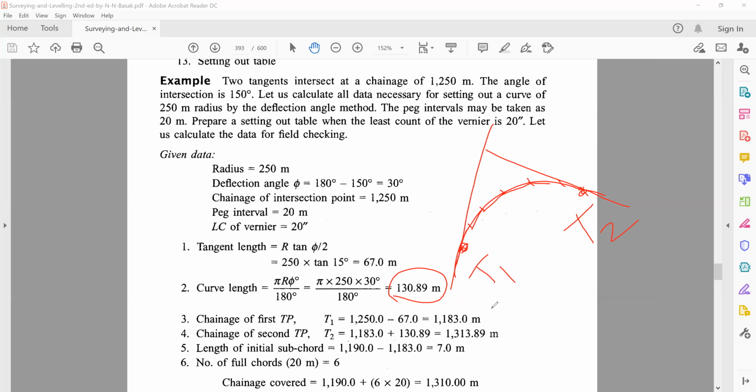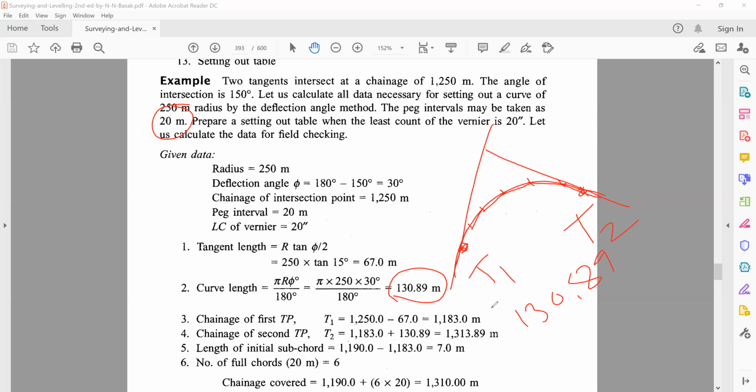If you join the two points with these chords, the length on the curve is approximately equal to the length of the chords. As the curve length is 130.89, we need to cover 130.89. They had given us the chord length equal to 20 meters, so the interval was 20.